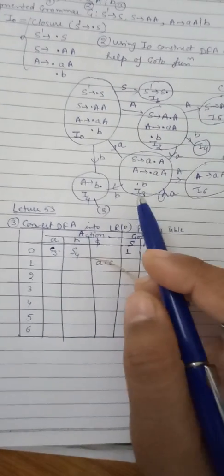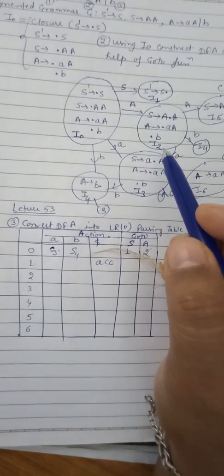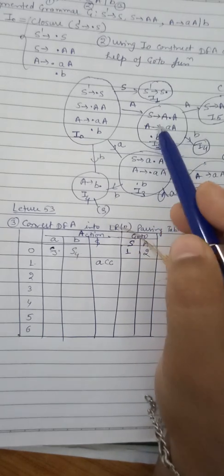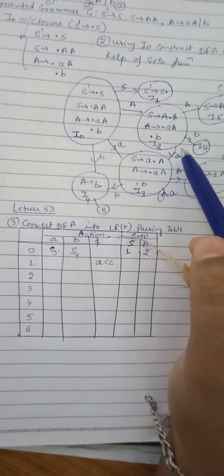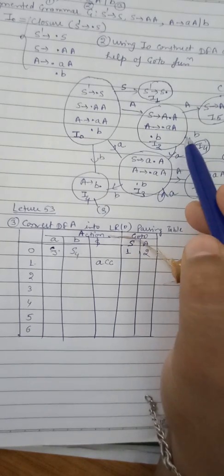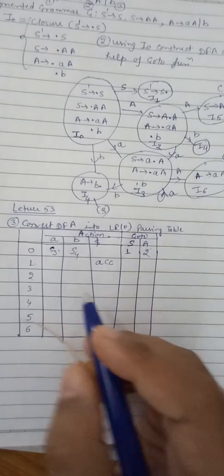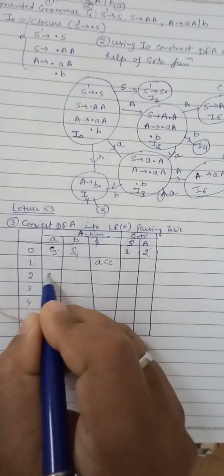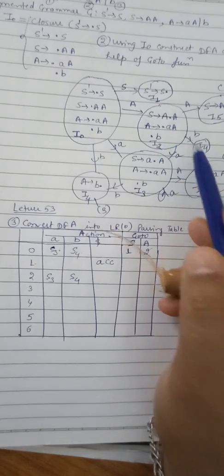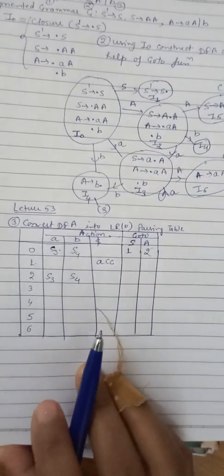After that, now move to the second state, I2. For terminal A we are going to I3, and for terminal B we are going to I4. So again we will write S3 and S4. Right?